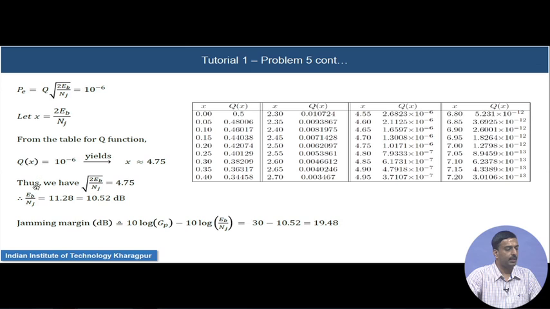So basically in this case we get root of twice EB by Nj equal to 4.75, which is what is obtained from this table.